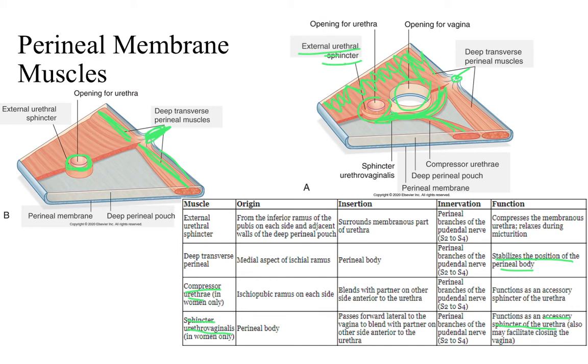Since it circles the vagina, it can also help in closing the vagina, because throughout normal everyday activities, the vagina remains in a partially closed position. And so part of what helps maintain that partially closed position would be this sphincter uretrovaginalis.